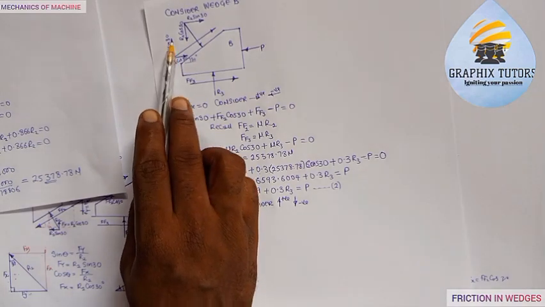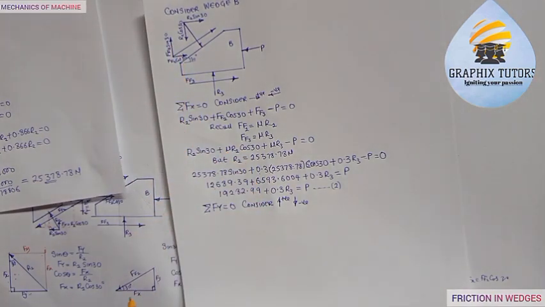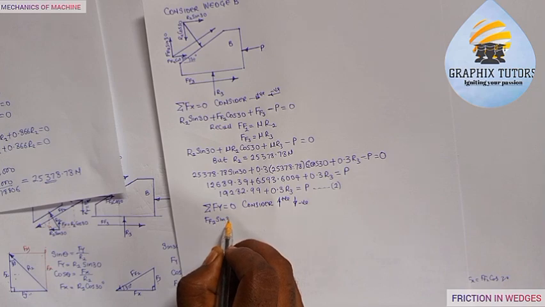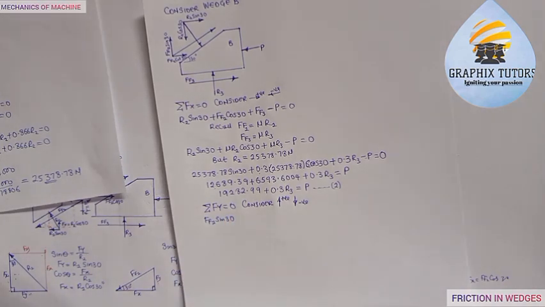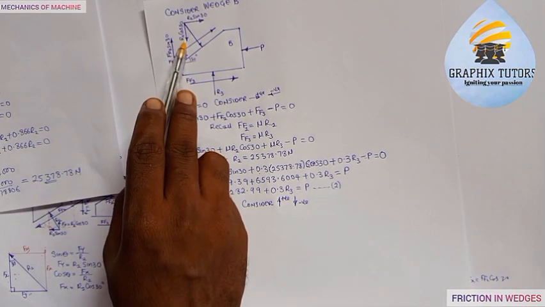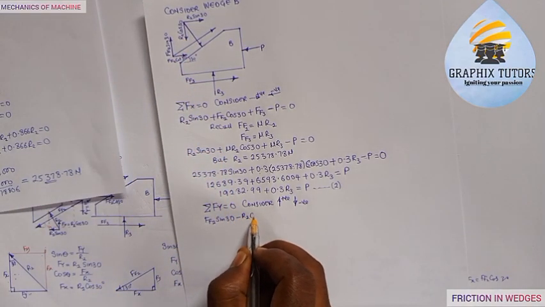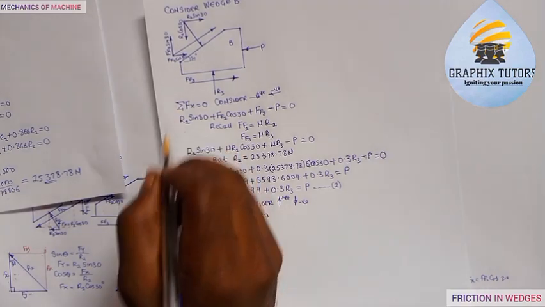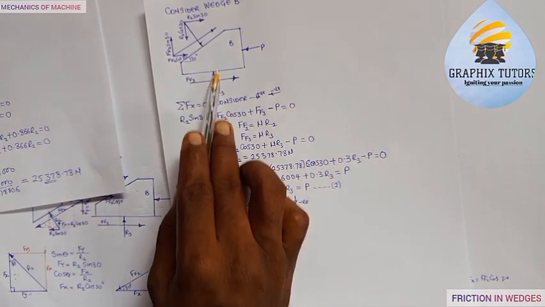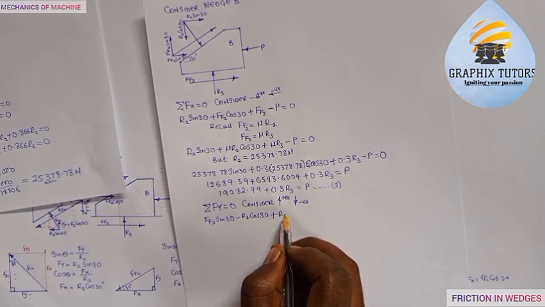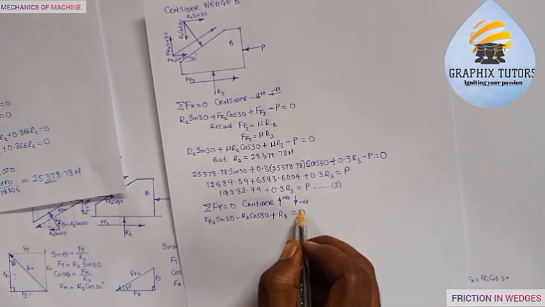From here, this force is going upward, so it will be frictional force 2 sine 30. Now the next one again, this is coming downward, that is minus R2 cos 30, negative because it's facing down. Now this is going up, so that will be plus R3, equals to 0.